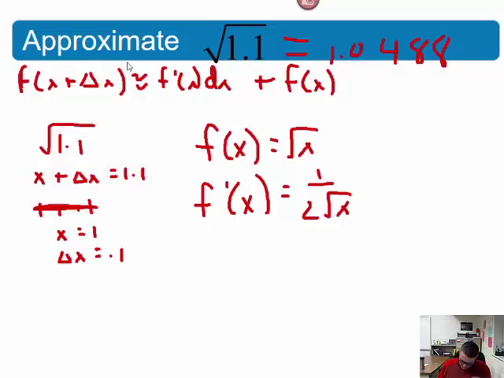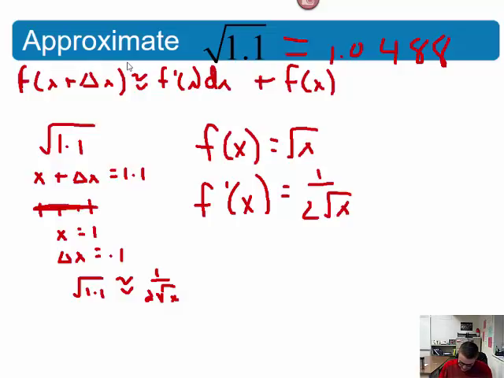So I can approximate the square root of 1.1 using the differential formula. It's approximately equal to f prime of x, which we just found is 1 over 2 square root of x, times dx, which we say is approximately delta x.